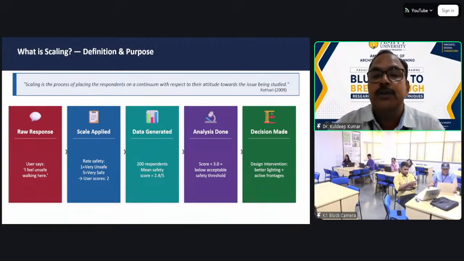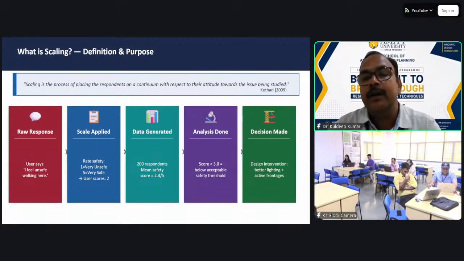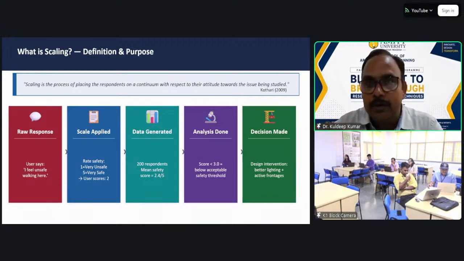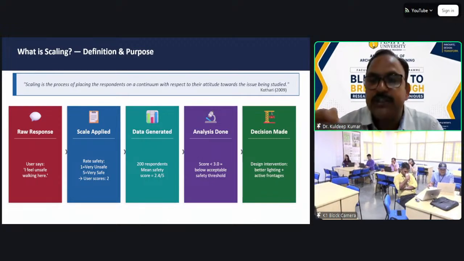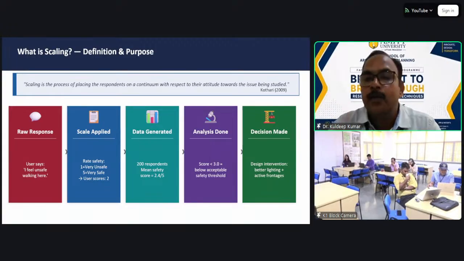The decision can be made through our findings that justifies a specific design intervention like better lighting, active ground frontages, installation of CCTV cameras, or removing the blind corners. So the decision is also now on the basis of analysis.